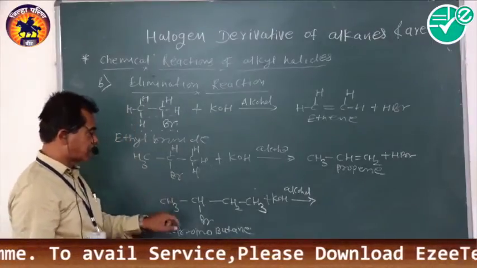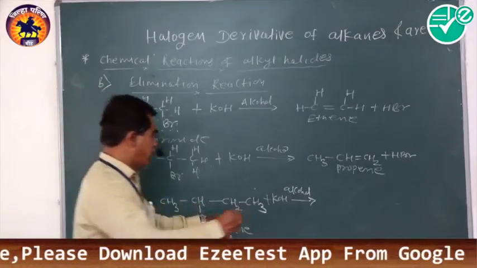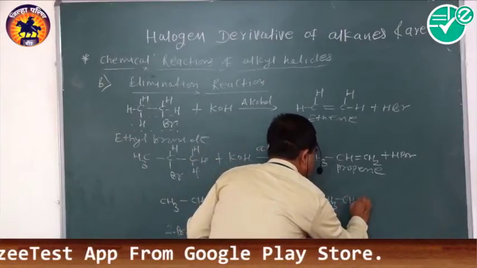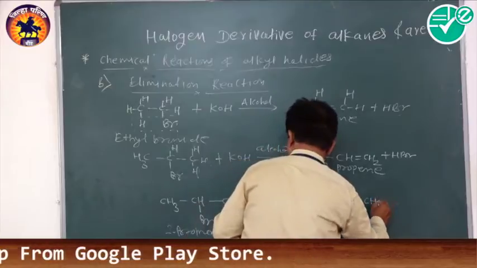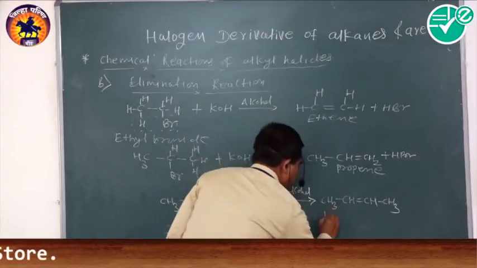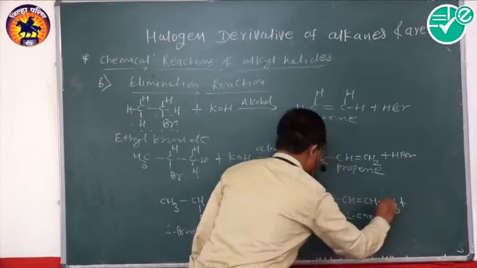In the first, bromine and these hydrogens are removed, so it gives but-2-ene.